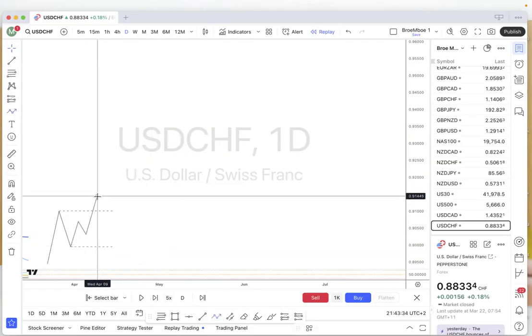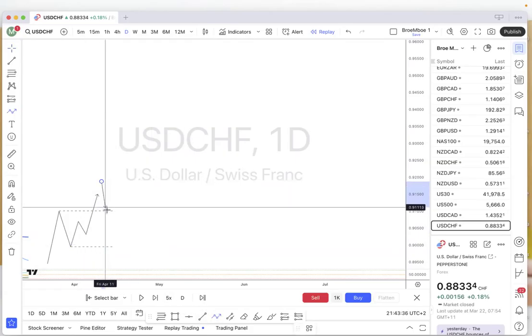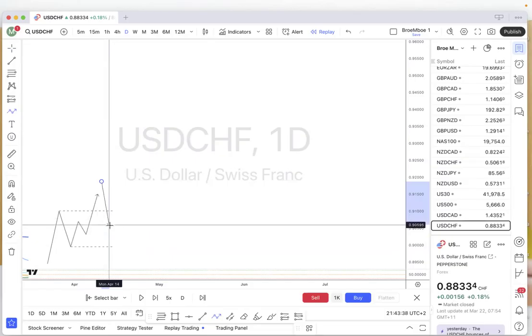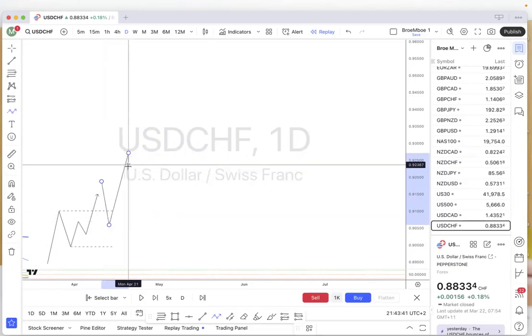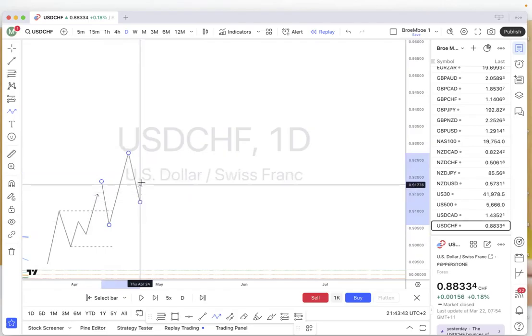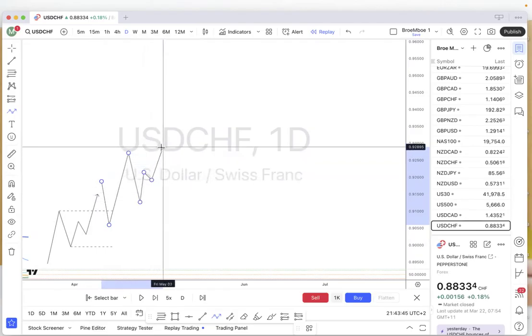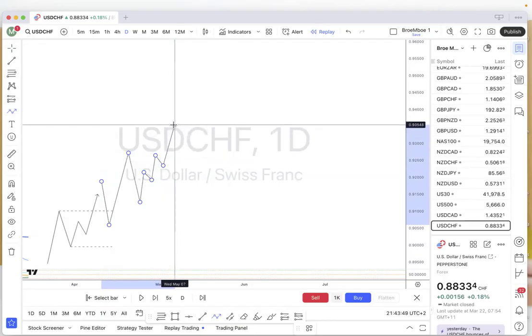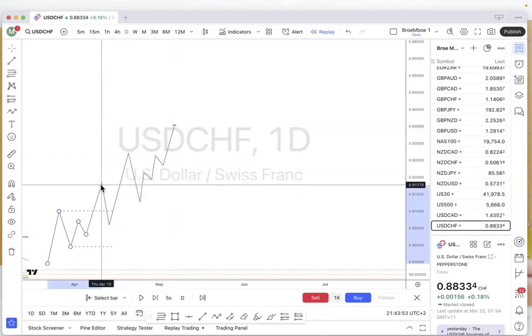And gain and go and form, maybe say another high, and then come back, break that one, form another high, and then go up. It doesn't matter how long it pulls back and does that. As long as it's not broken, then it is not confirmed. But if it's broken, it is.